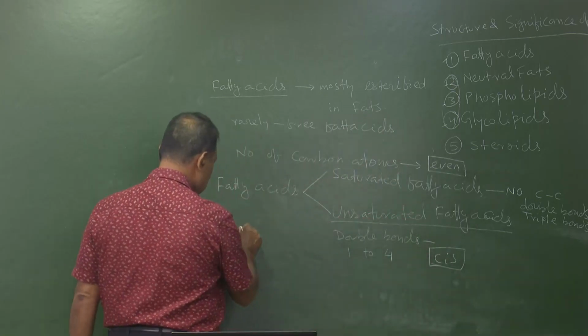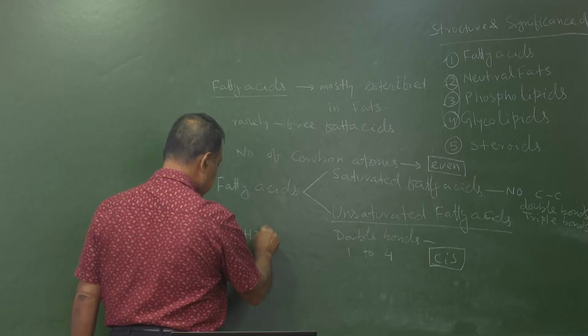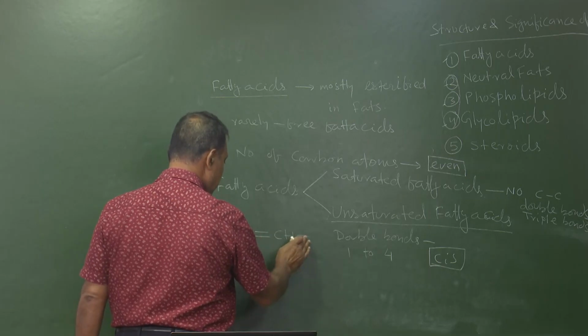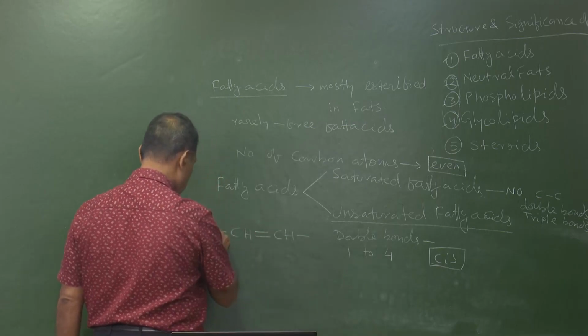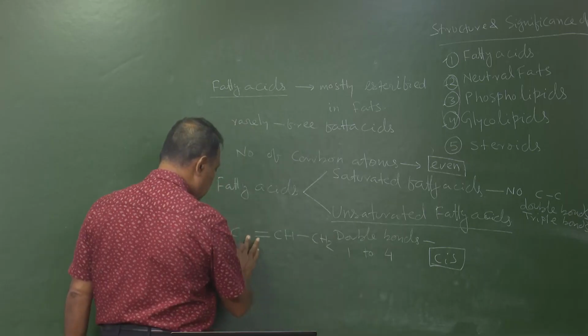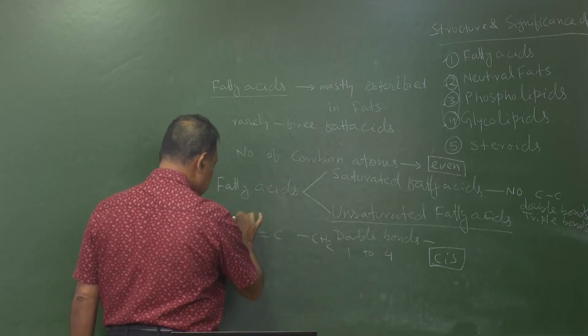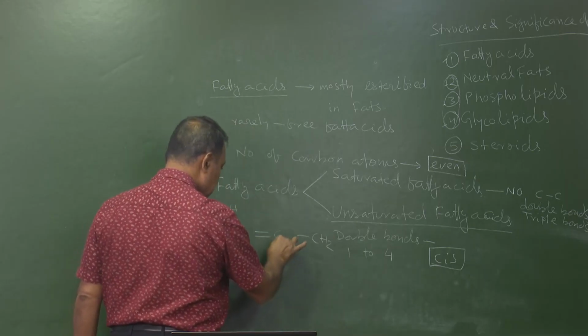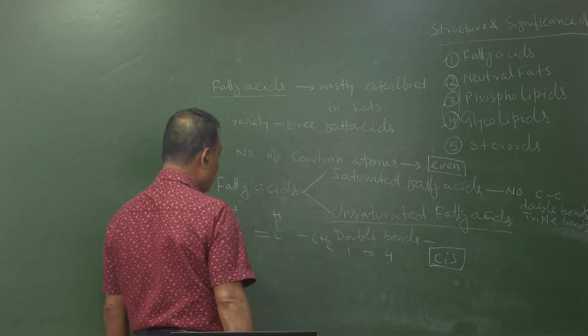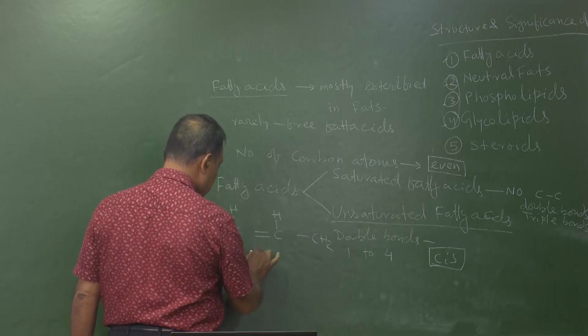Cis means, say when it is like this, CH double bond CH, when these two hydrogens are on the same side of the bond, we call it cis. So this is cis.